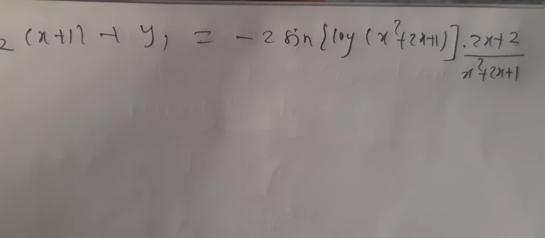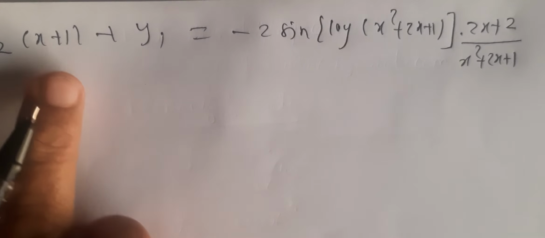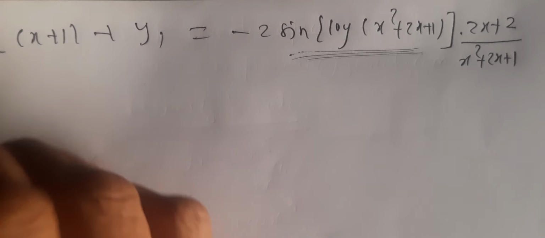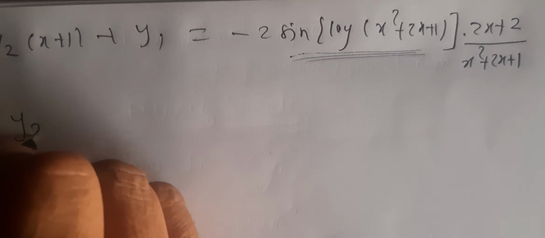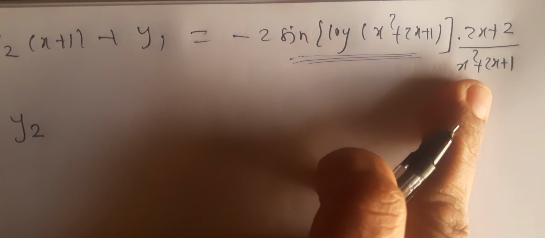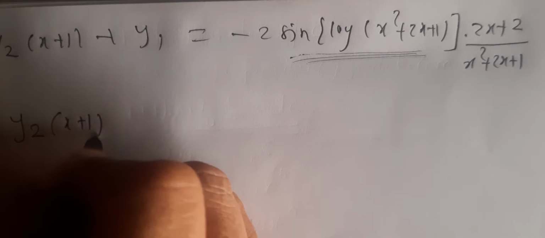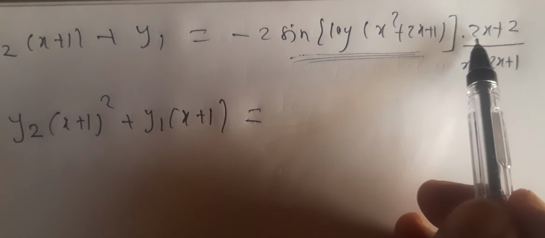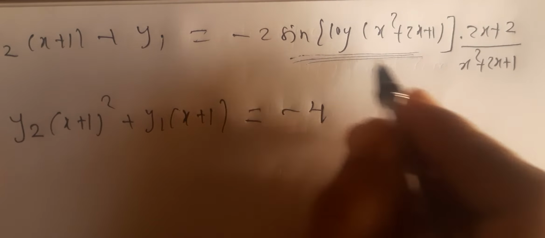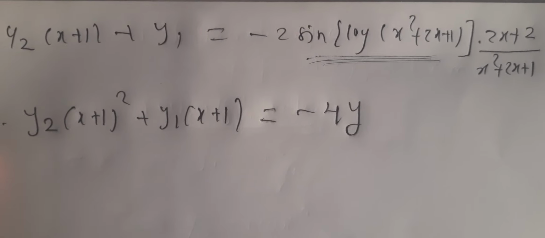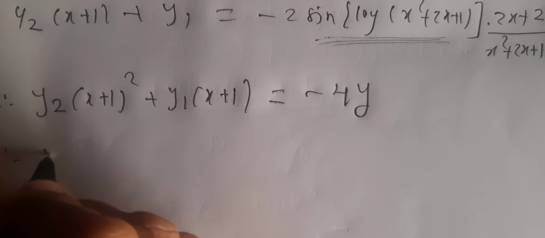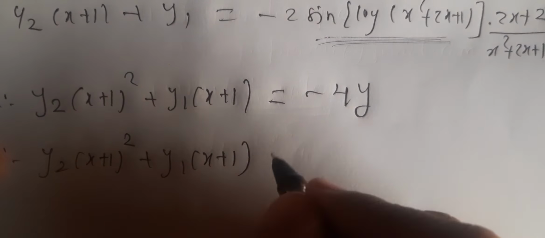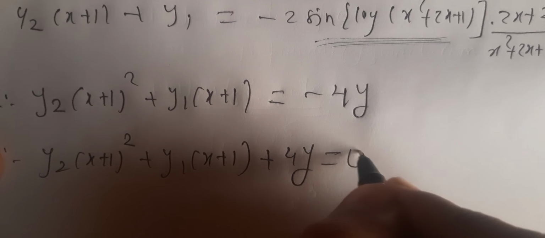So as I said, 2 is common, 1 x plus 1 is cancelled, this x plus 1 I can bring here, and I told you this is our y. And so what we are going to get is y2 into x plus 1, 1 left we are bringing here, x plus 1 square plus y1 into x plus 1. We have 2 common, minus 4. Again I am telling you this is y. And so ultimately we have y2 into x plus 1 square plus y1 into x plus 1 plus 4y equal to 0.